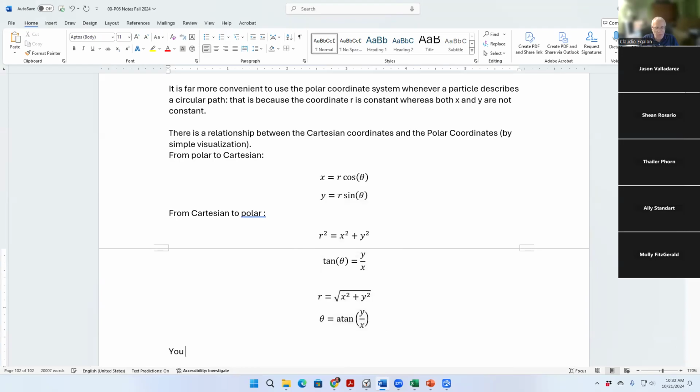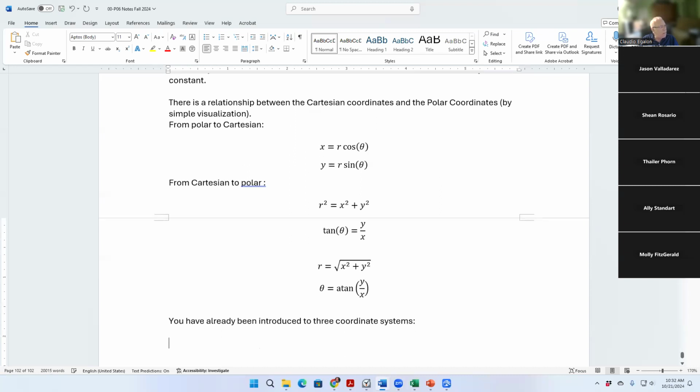Okay, so let's go here. You have already been introduced to three coordinate systems, right? One, the first one, 2D Cartesian, X and Y. The other one, 3D Cartesian.